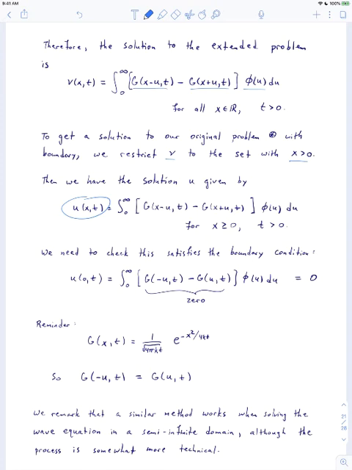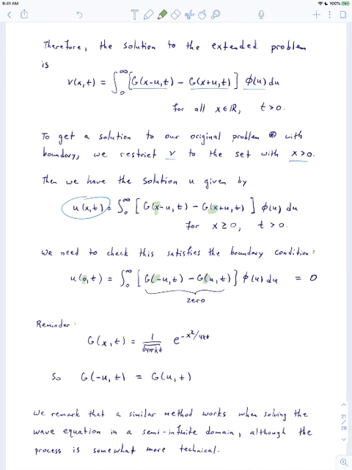And that's easy enough to check. You just substitute in x equals 0, and everywhere that there's an x, that just becomes 0. So there's nothing here. There's nothing here. So you just end up with the integral from 0 to infinity of g at minus u comma t minus g at u comma t times phi of u du.